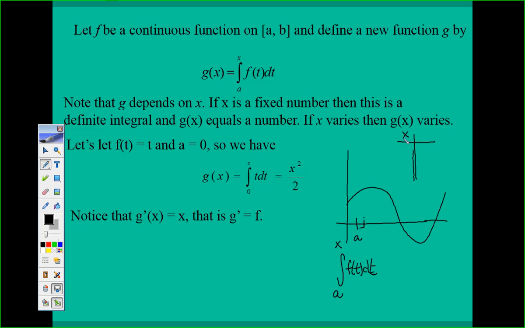So let's just say that's x sub 1. We would have an area represented by plugging that value in. Let's say we have an area of 2.